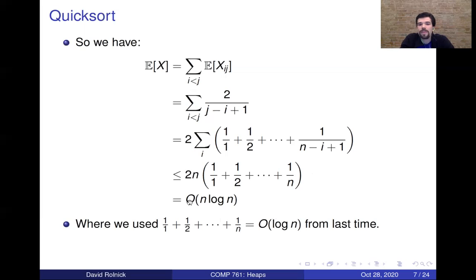Can we make it be theta n log n? We don't want it to be just less than or equal to n log n. This is the expected time of the whole algorithm. Is it possible that the algorithm runs in just order of n time?